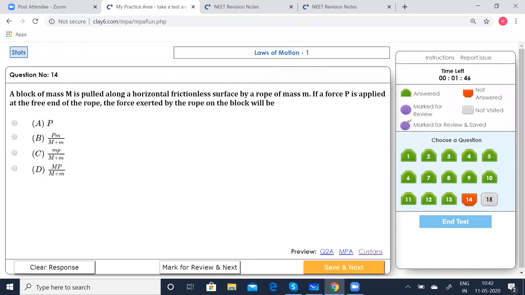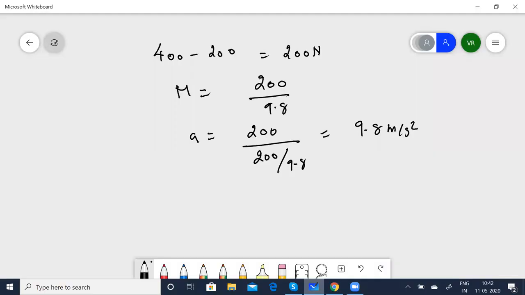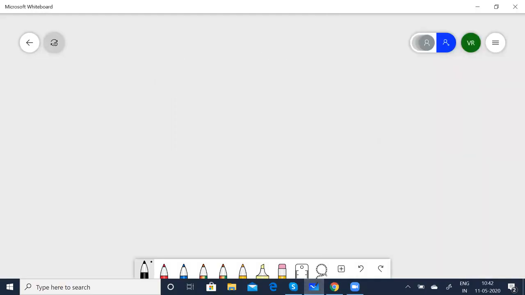Let's see. So this is going to be a. This is going to be M. That is the block of mass M, right?